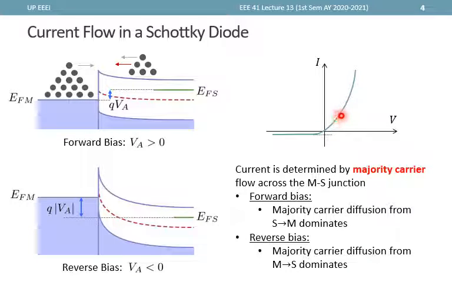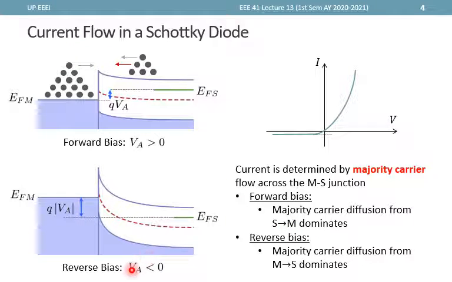And it is actually increasing exponentially with the applied voltage, since as we increase the voltage, less bending happens on the semiconductor side and more electrons will be able to cross the other side and overpower the flow of electrons from metal to semiconductor. So we say that for forward bias, the majority carrier diffusion from semiconductor to metal dominates.